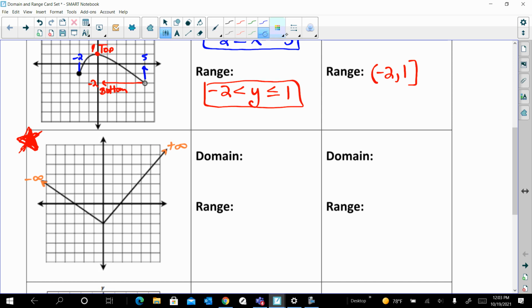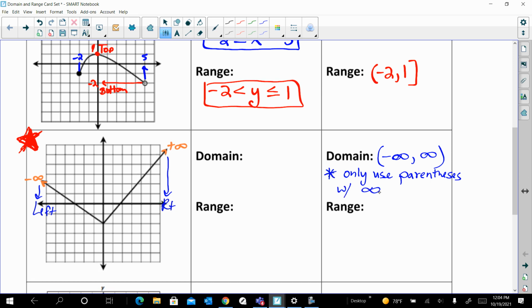So remember, our domain is reading the x-coordinate from left to the right. But because we both have arrows, our domain is parentheses, negative infinity, comma, positive infinity, parentheses. You always use parentheses with infinity.